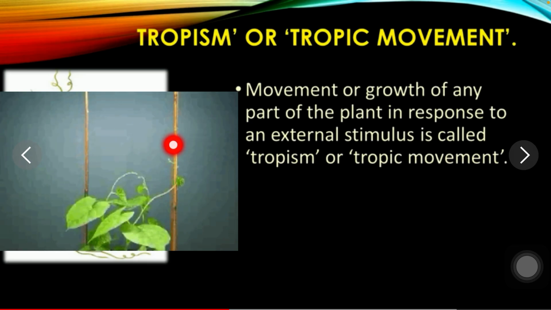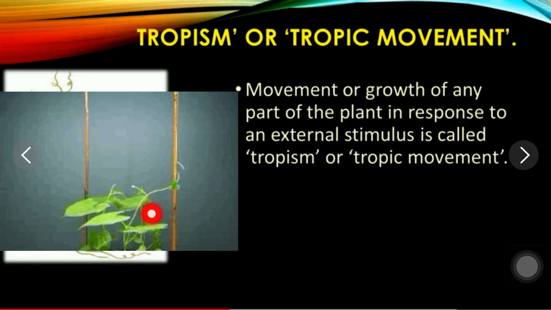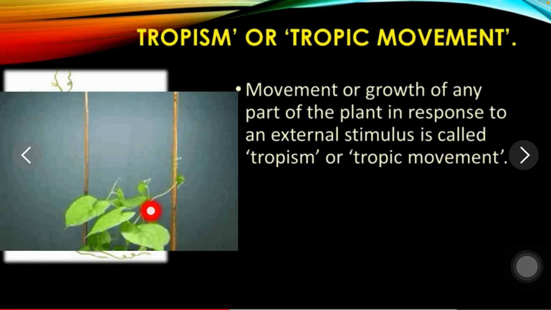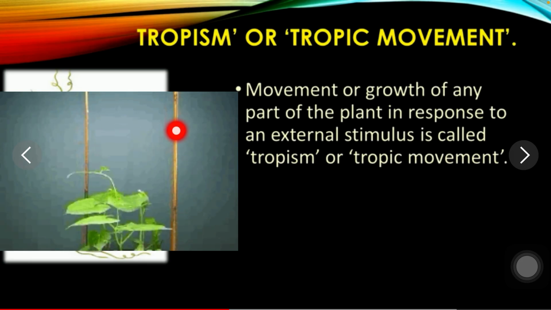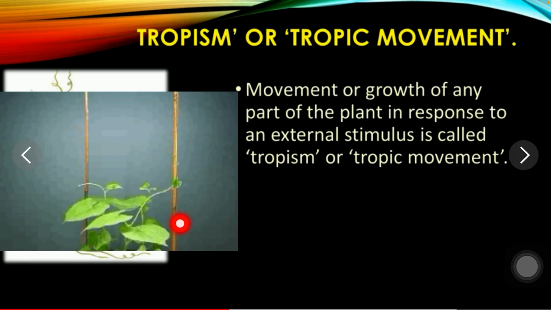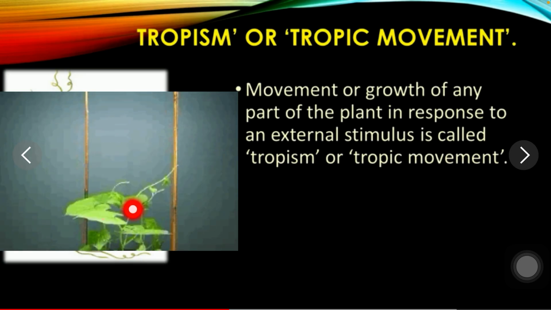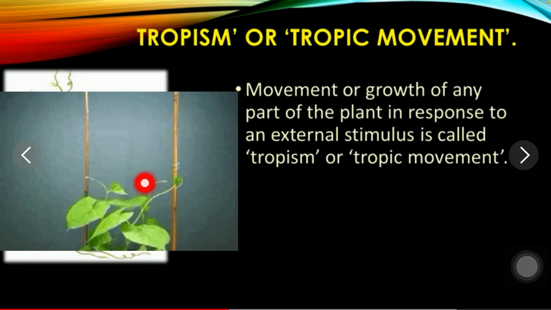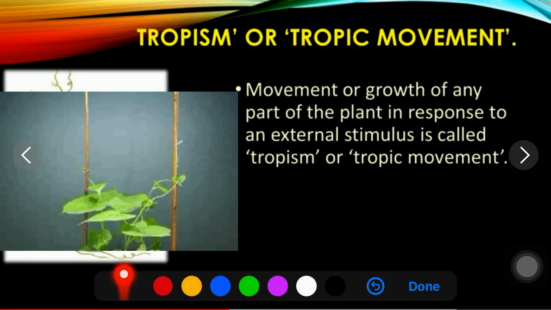This is a type of creeper, so it needs support to grow. Here the external stimulus is this stick, or you can say a rope. With the help of that rope or stick, this plant makes a certain movement, as you can see here. This kind of movement is called tropism or tropic movement.